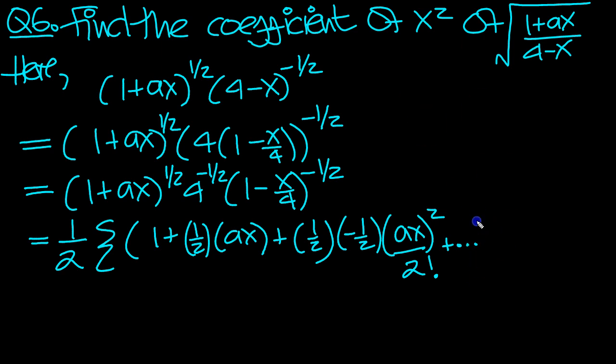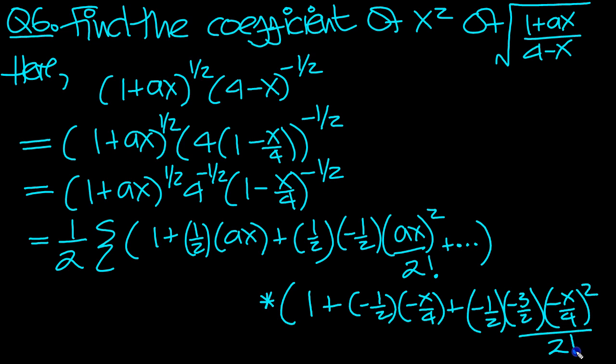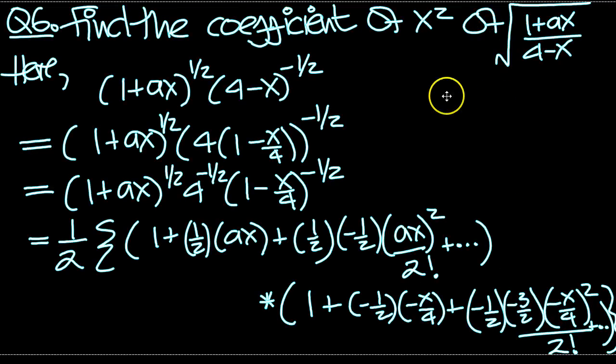Okay, close that bracket, and then it's multiplied by the other term here, which is 1 plus n, minus a half, times x, which is minus x over 4 in this particular case, plus n, n minus 1, minus a half times minus 3 over 2, x squared, so that's minus x over 4 squared, all over 2 factorial, plus dot dot dot. Close that bracket, close the brace around the term.